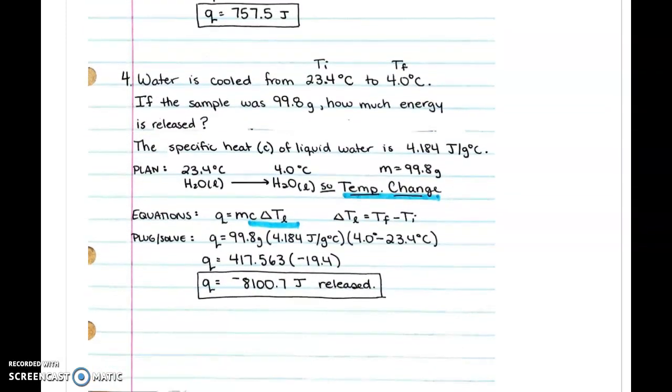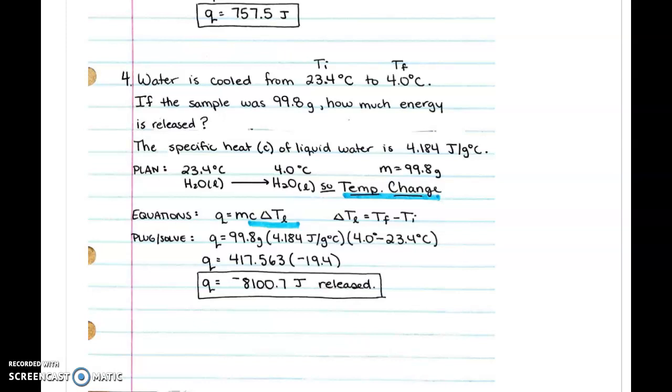Number 4, another temperature change. Water is cooled from 23.4 degrees Celsius to 4 degrees Celsius. If the sample was 99.8 grams, how much energy is released? Okay, the specific heat C value for liquid water is 4.184 joules per gram degree Celsius.